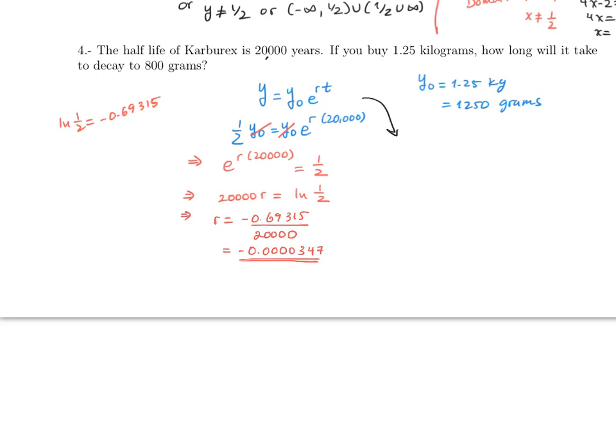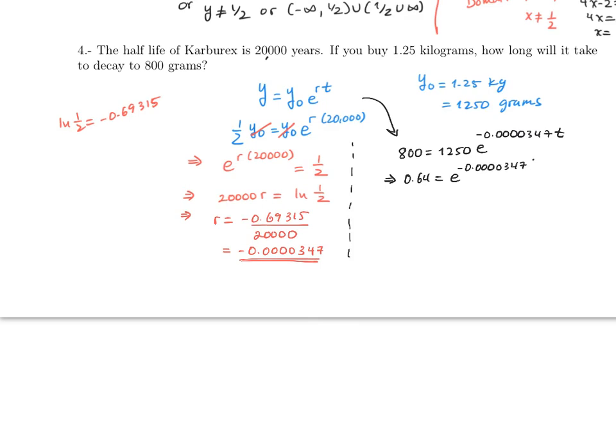So from here then, it's telling you how long it's going to take to decay to 800. So now you want 800 to equal the initial amount times e to the minus 0.000347 t. Alright, so from here, you divide 800 over 1250. You get 0.64 on the left side, and on the right side you have e to the minus 0.000347 t.